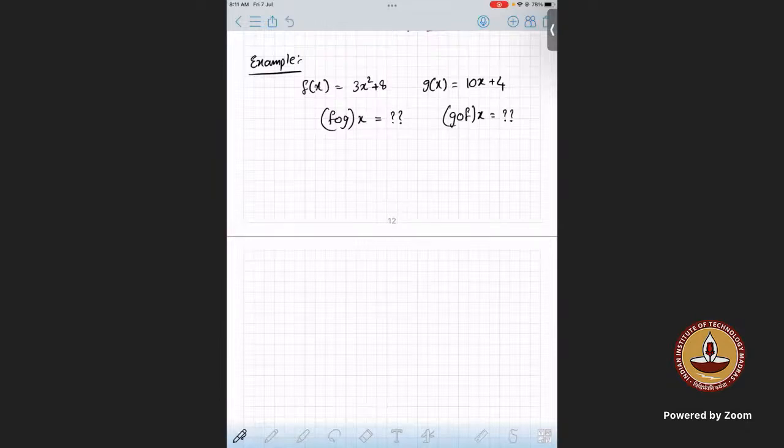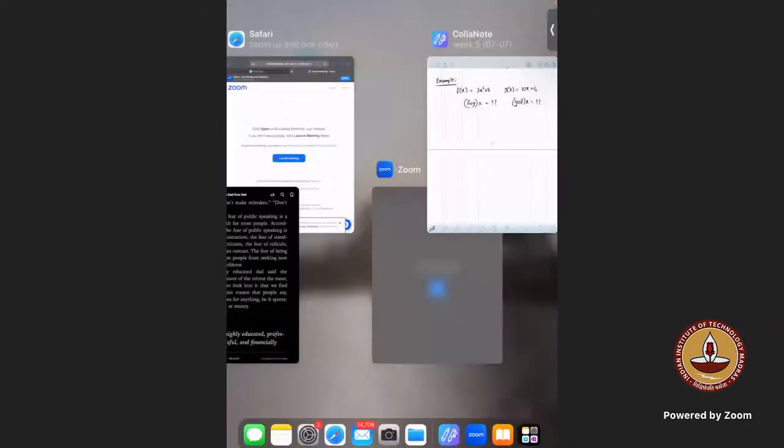Sir, I doubt this part. Both are not coming equal for me. They won't be equal, sir. You're just reversing the function, why is it not equal? Just check again. g of f of x is 30x square plus 84. It is not the same as f of g of x.